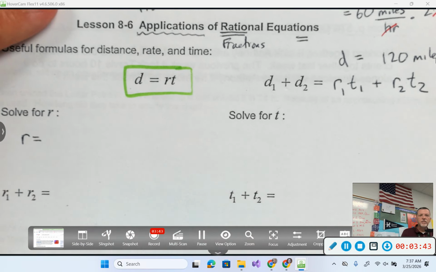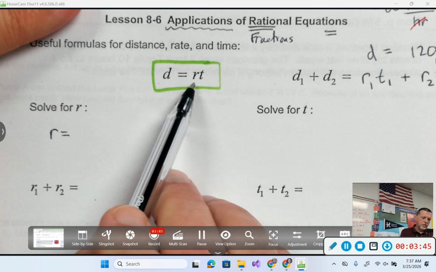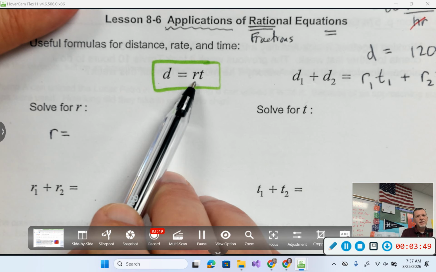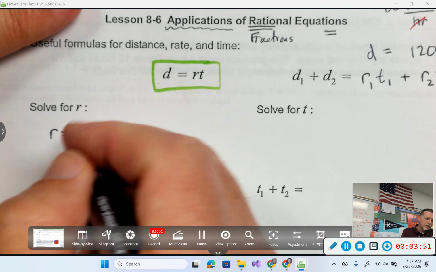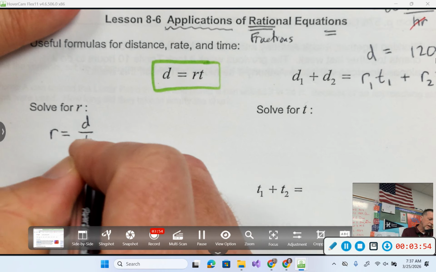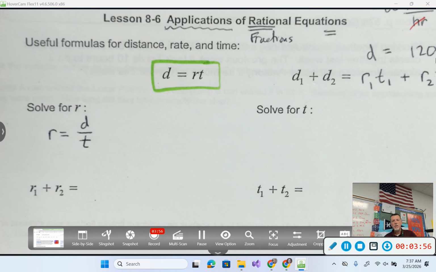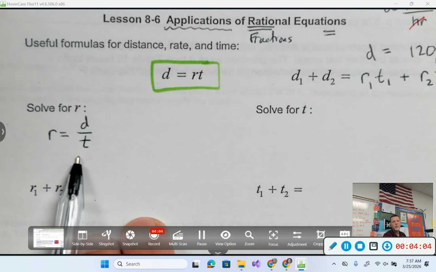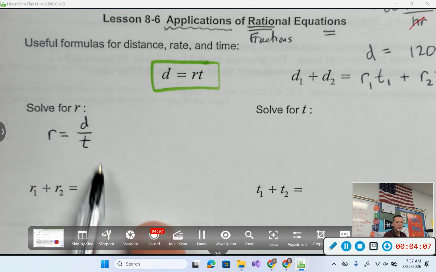Let's see, solve for R. So if I want to solve for R, what would R equal? D over T. Divide both sides by T, distance over time. So if we rearrange the problem we were looking at earlier, if I traveled 120 miles in 2 hours, that would be 60 miles per hour.